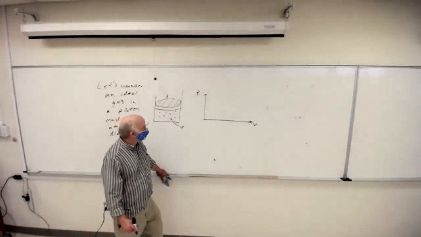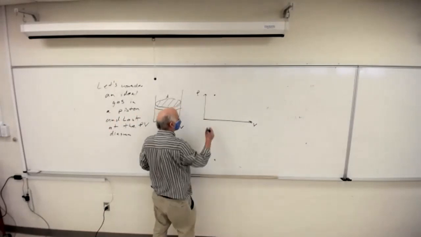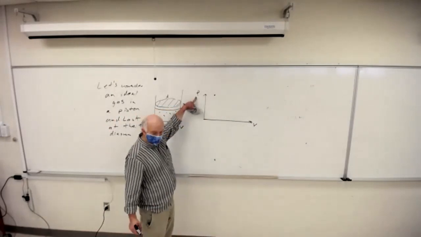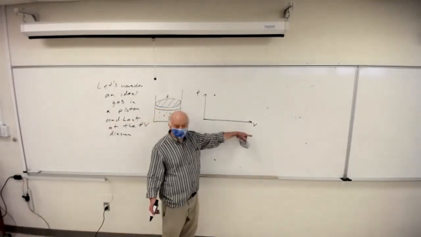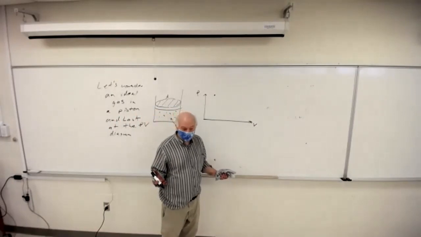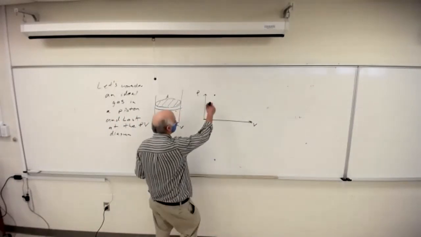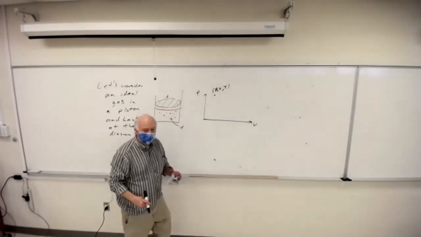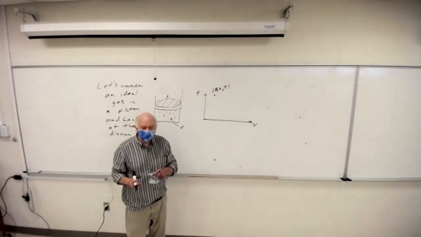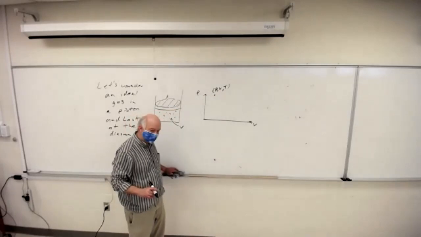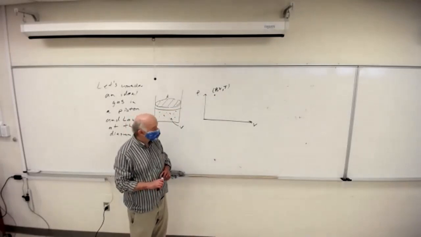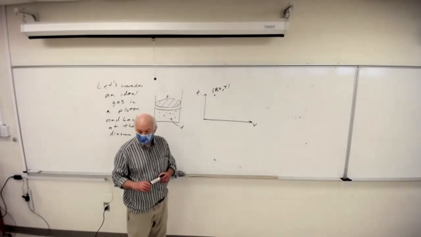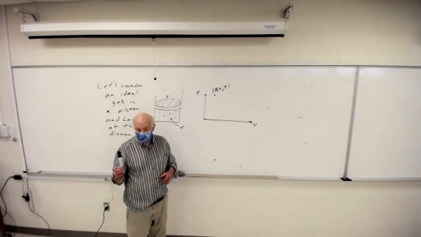Okay. So first of all, if we had one point here, I'd have the pressure of the gas, the volume of the gas, and there'd also be some temperature here as well. So one point in here corresponds to a P, a V, and a T. Where would the T come from? The faster the molecules are moving around in that compressed space, the higher the temperature.